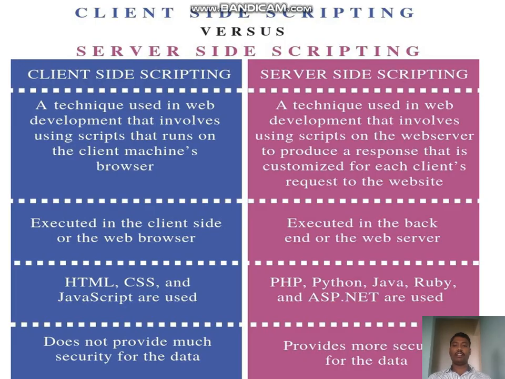Second difference: client-side scripting is executed on the client side or the web browser; server-side scripting is executed in the back end or the web server. Third difference: client-side scripting uses HTML, CSS and JavaScript; server-side scripting uses PHP, Python, Java, Ruby and ASP.NET.